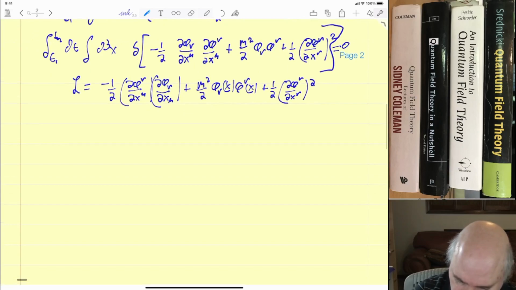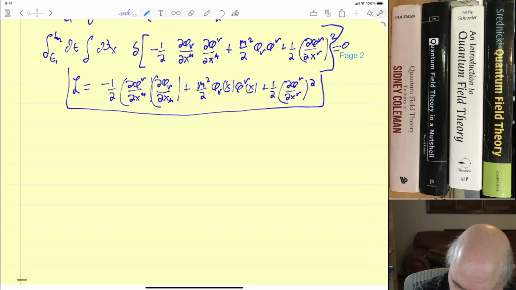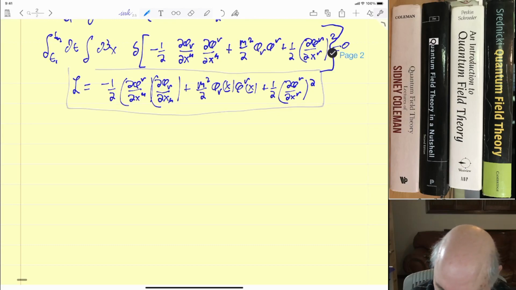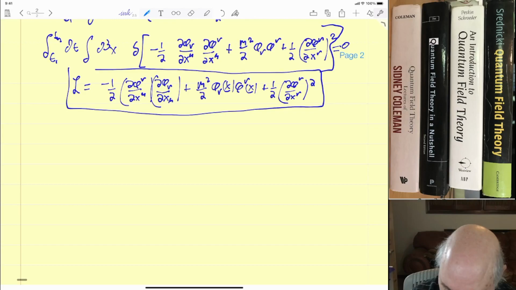Okay, so let me put a box around this nice Lagrangian. And if you look at it, it looks like electromagnetism.